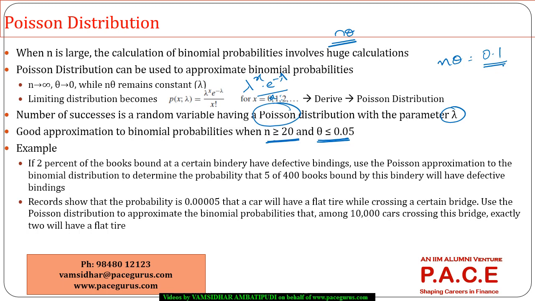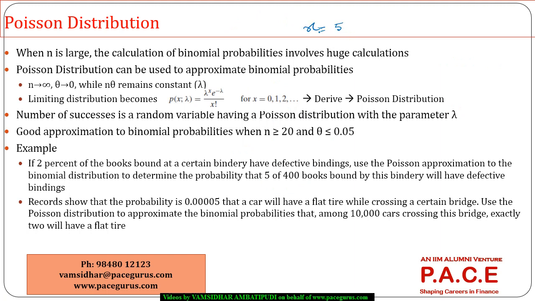Let's take a couple of examples to simplify the stuff. If 2% of the books bound at a certain bindery have defective bindings, use the Poisson approximation to the binomial distribution to determine the probability that 5 out of 400 books bound by this bindery will have defective bindings. So x is 5.